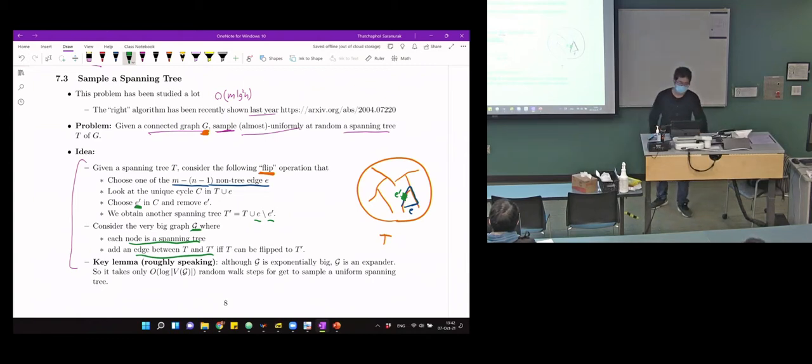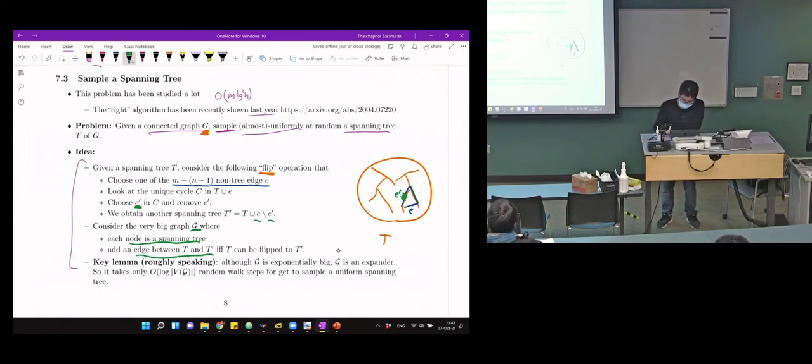You create a very big graph where each node represents one spanning tree in the normal graph. It is exponentially big, right? Something like 2 to the n or more, like n to the n, maybe.